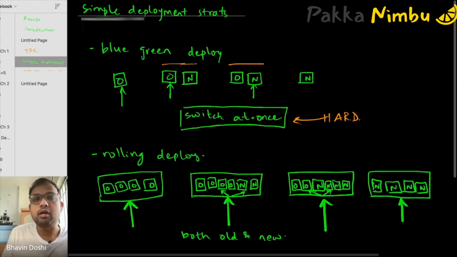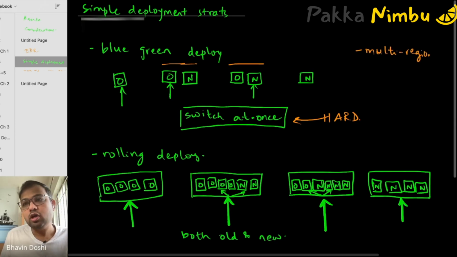But the moment you have multi-region, if you are deployed in Mumbai and in Singapore, how in the world are you going to switch at once? So that's harder. You might say, why not? We will have the new stack in Mumbai and Singapore, and then we will send the switch command at the same time.